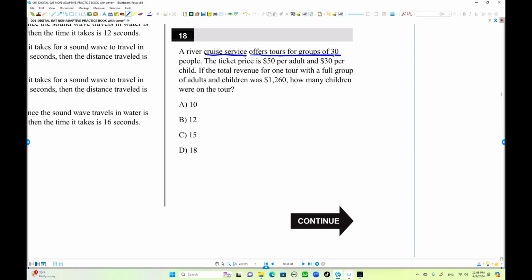Maybe a group discount, something like that. The ticket price is $50 per adult and $30 per child. The total number of people on the tour is 30. We're going to find how many children. So children, I'm going to call x. The other one is 30, the number of people, minus x, which is adults.